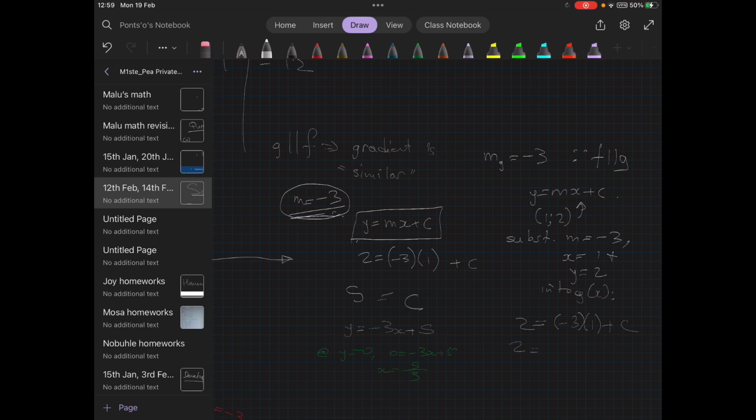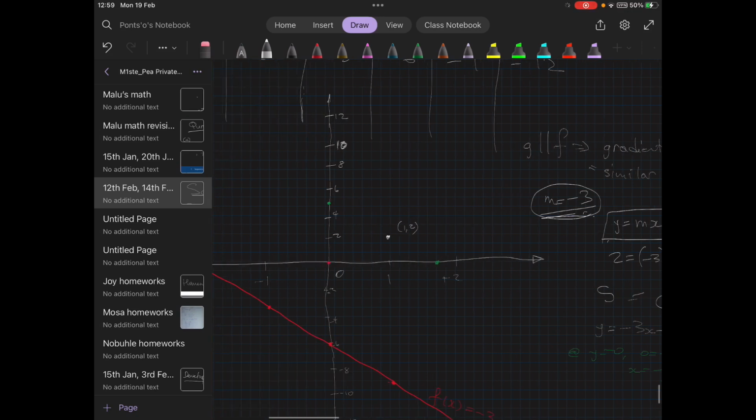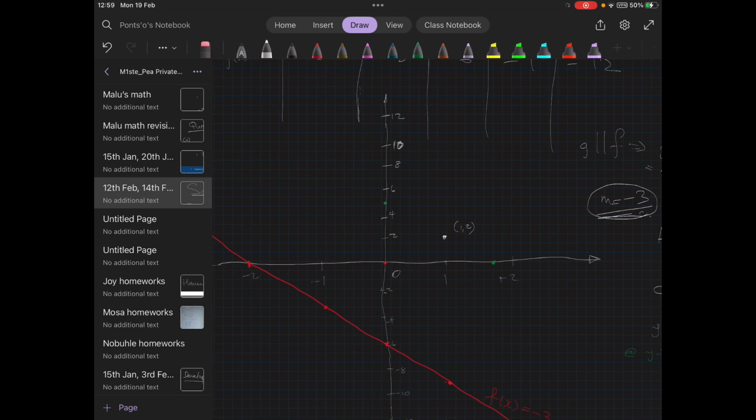When we solve this, we get 2 equals -3 plus c. Then if we do additive inverses, plus 3 on both sides, we have 5 equals c. That gives us the y-intercept of y equals 5, which is the point (0, 5).